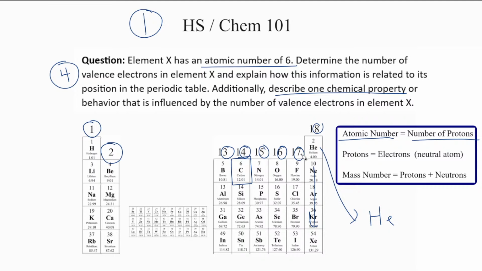If you have 7, you're almost to 8, so you'll probably get one more. If you have 1, you'll usually give it away. So carbon's right in the middle. Carbon tends to share. It doesn't transfer, it shares. And that gives us a covalent bond. So that's how I would answer that question: carbon forms covalent bonds because it can't really get 4 more or give them away, so it'll share.